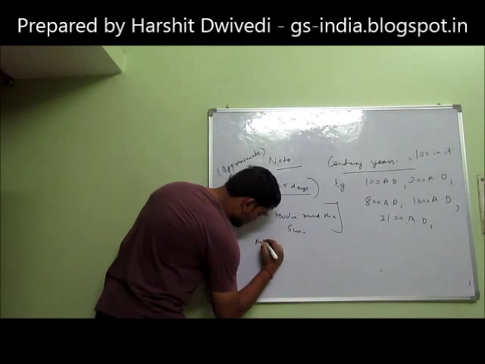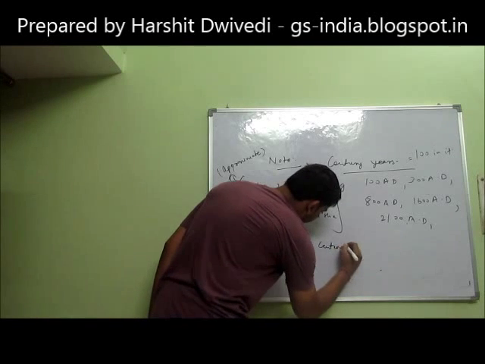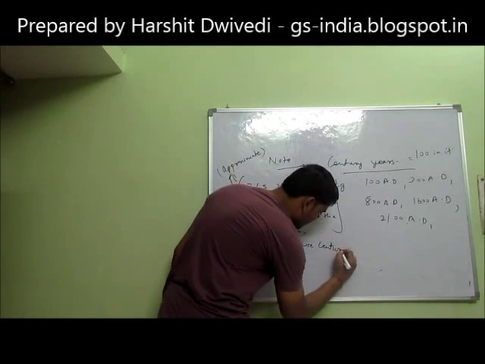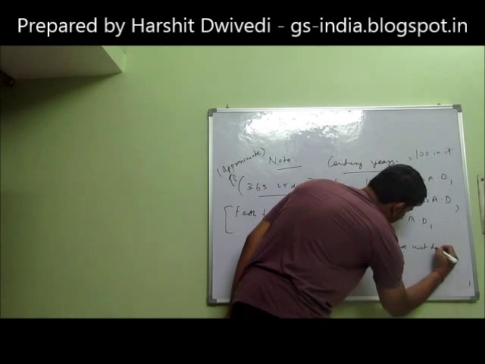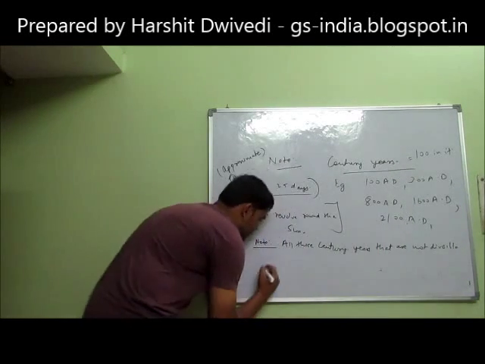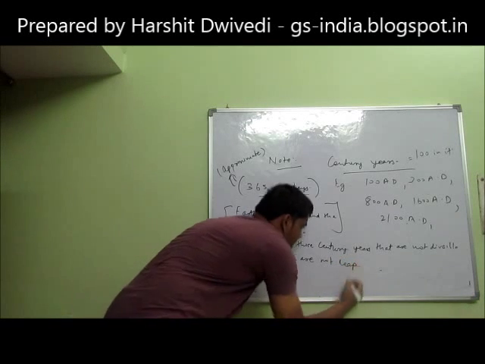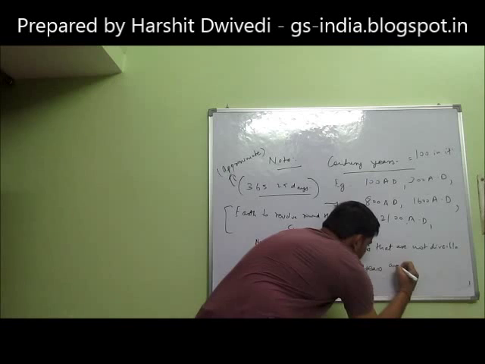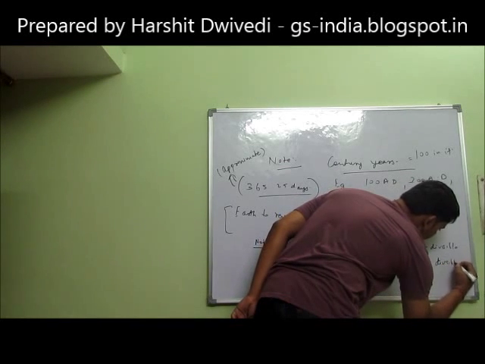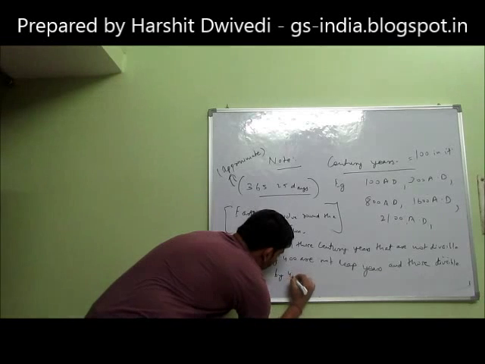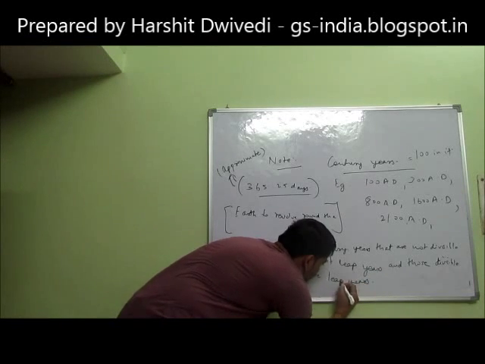Write down a note: all those century years that are not divisible by 400 are not leap years, and those divisible by 400 are leap years.